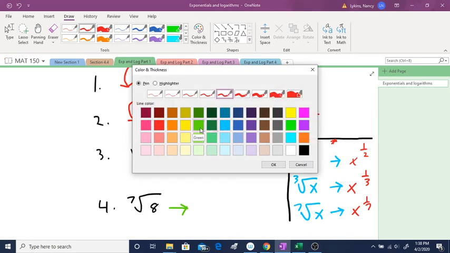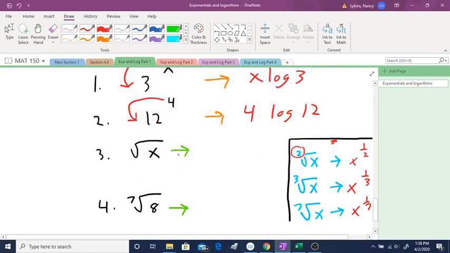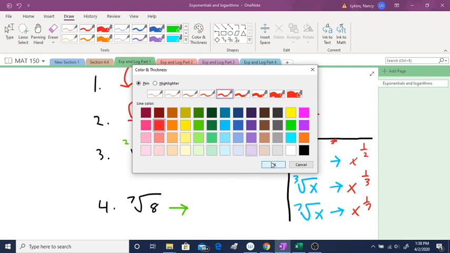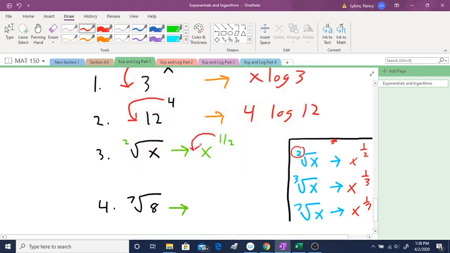So if I go back to this problem right here, I know that there is a 2 here. So I'm going to say x to the 1/2. And then when I bring the 1/2 down, this changes to 1/2 log of x.